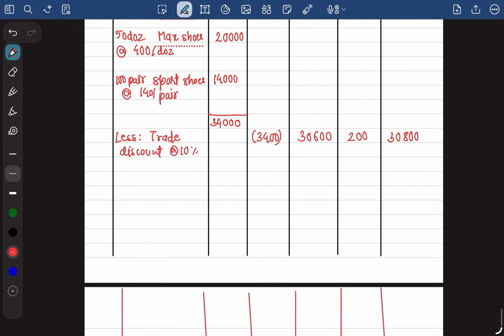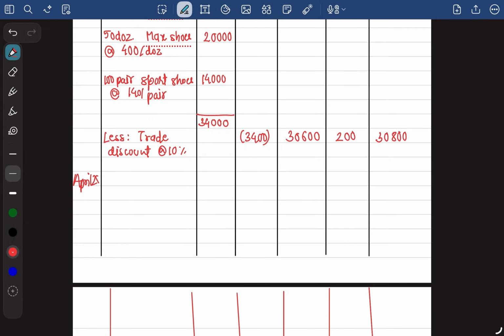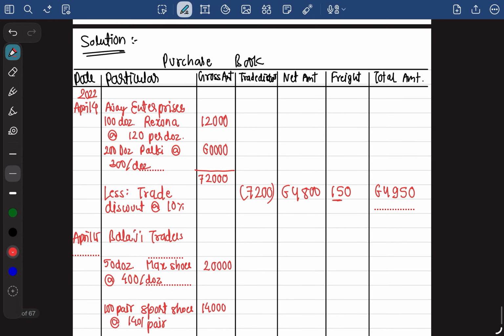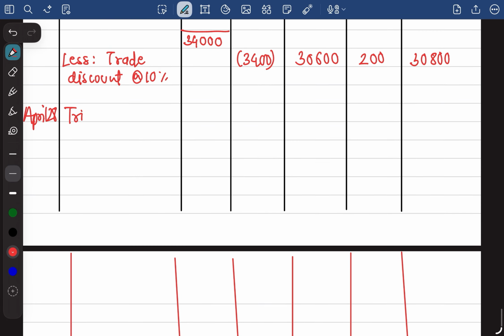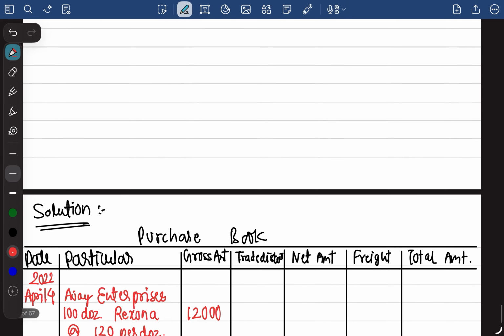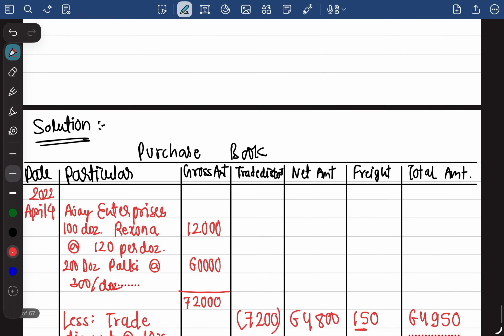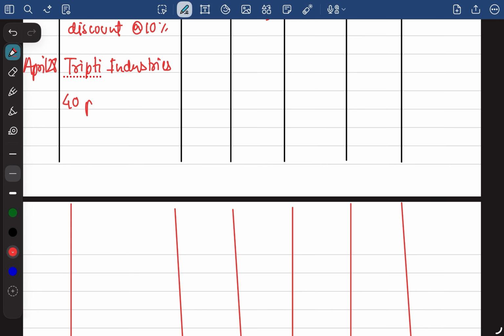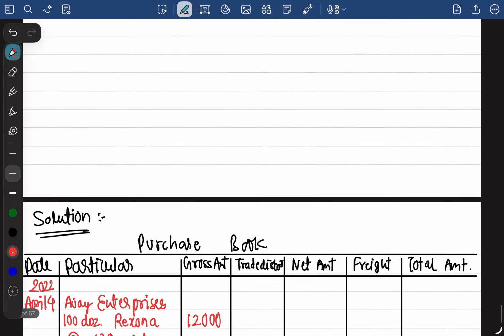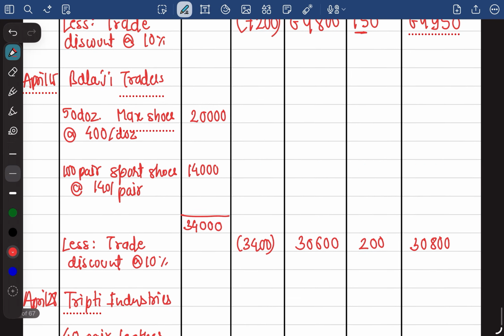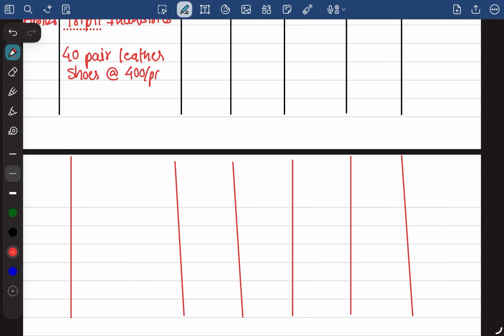So April 28, Tripti Industries. 40 pair leather shoes at the rate of 400 per pair, so the amount will be 16,000.